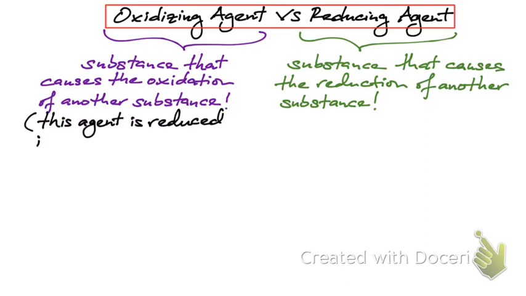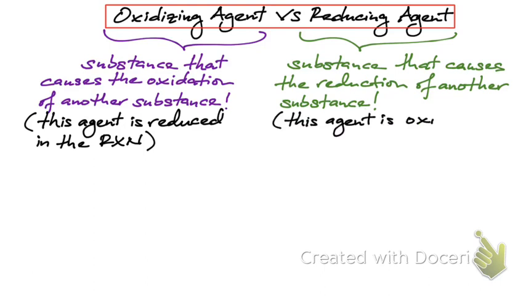The agent that is reduced in the reaction. So if the oxidizing agent oxidizes the other substance, then this agent is the one that gets reduced in the process. Similarly, for the reducing agent, when the reducing agent reduces the other substance, then this agent gets oxidized in the process.